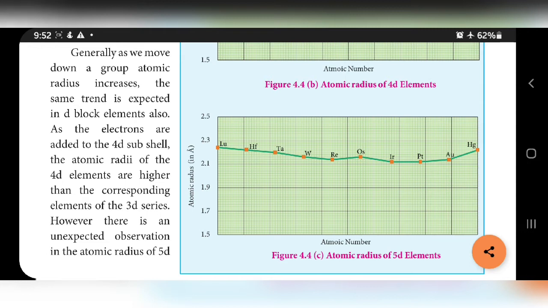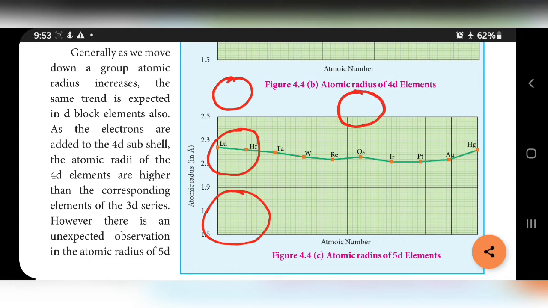So, in this paragraph we are dealing with the group only. In a group, the sizes generally increase. You expect sizes to increase as you move from top to bottom, and compared to the 3d elements, the size of the 4d elements increases as expected.